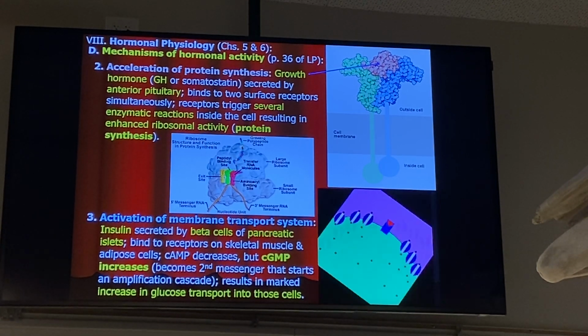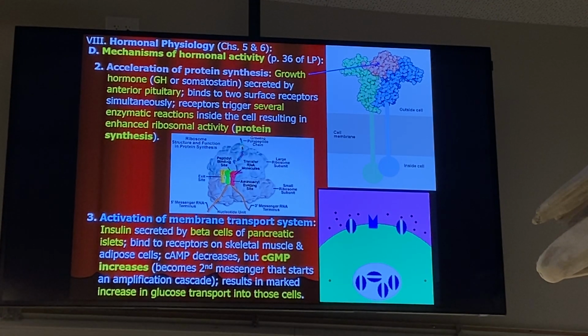So, you guys remember the links and chains? Glucose and amino acids are links, aren't they? What insulin actually does is it puts more links into the cell because it's opening up these channels. If you put more links into the cell, as long as they got ATP, they're going to make chains.